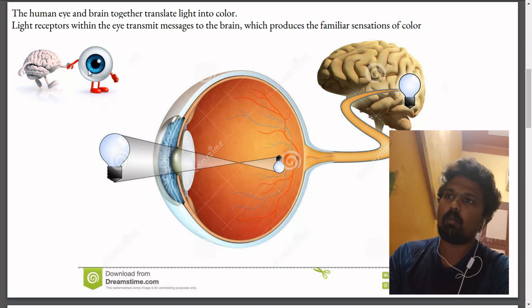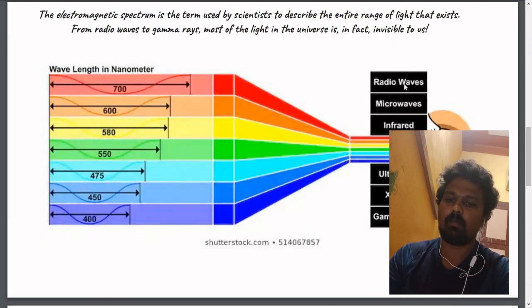That's why I always say the brain and eye always work together to see the object. The transmitted messages from the eye get into the visual part of our brain, where we are able to see the objects.